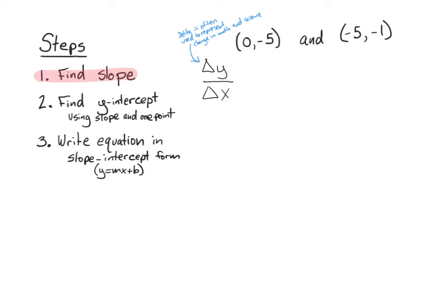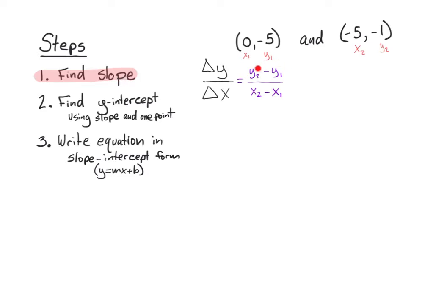I recommend you label your coordinates, so x1 and y1 for this first coordinate, x2 and y2 for the second coordinate, and then use this formula, y2 minus y1 over x2 minus x1, to set up your slope calculation.